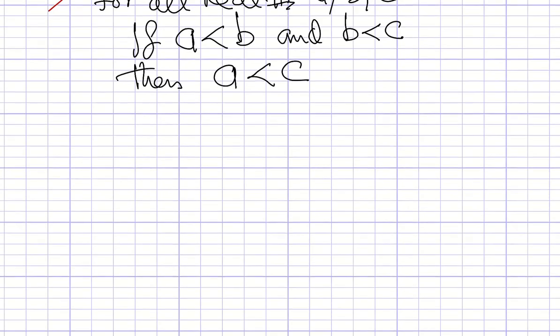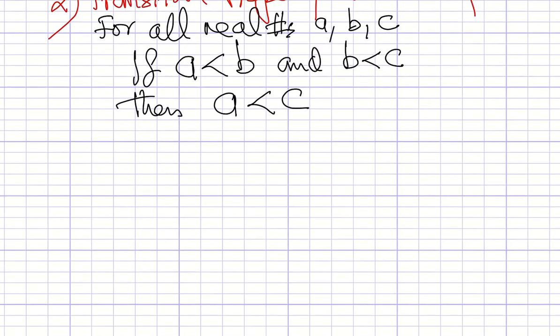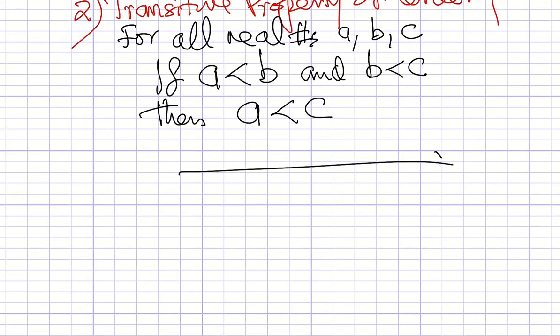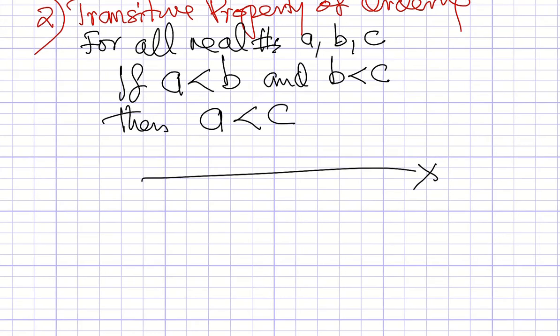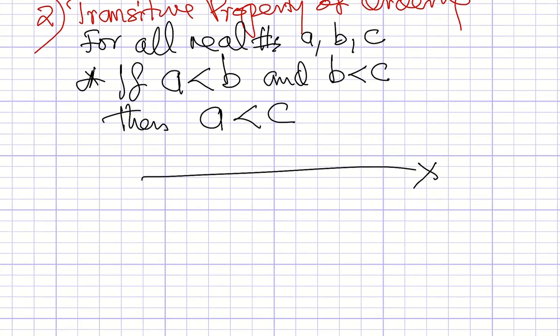Well, let me help you understand that. Let's say this is the x-axis here. Look at the conditions given. This is A. If A is less than B, B is over here. If A is here, then B is over here, because A is less than B, right? And then if B is less than C, C is over here.